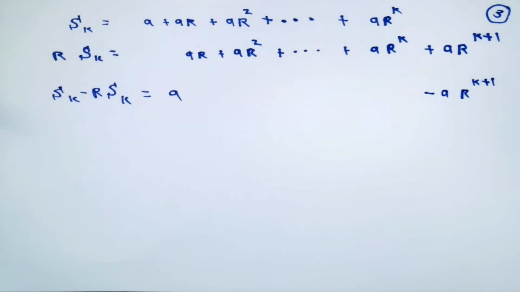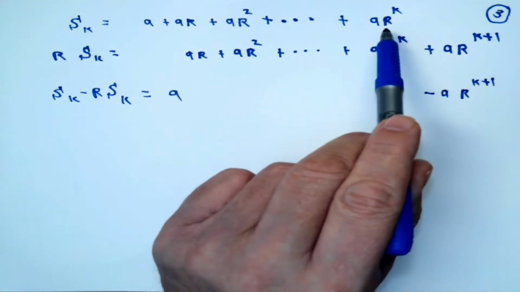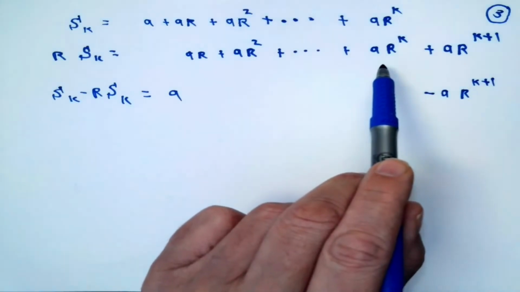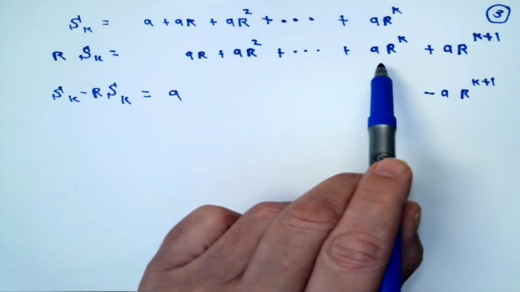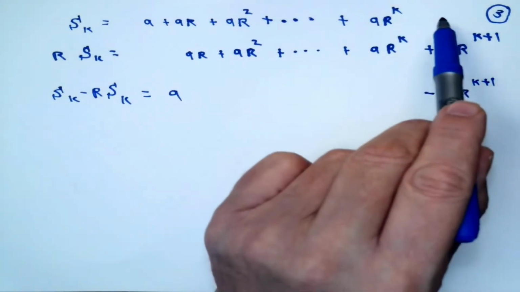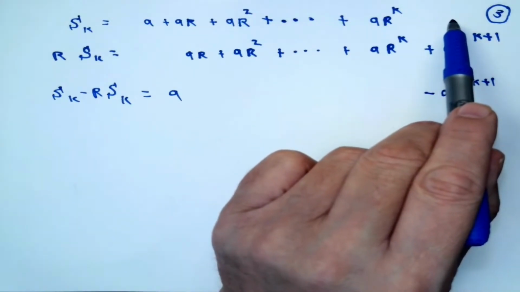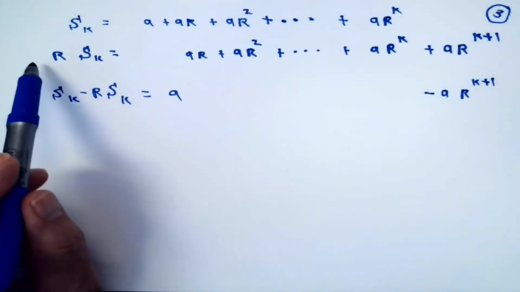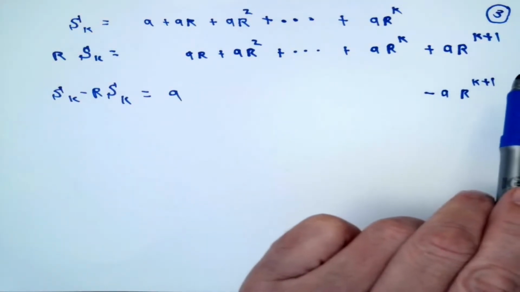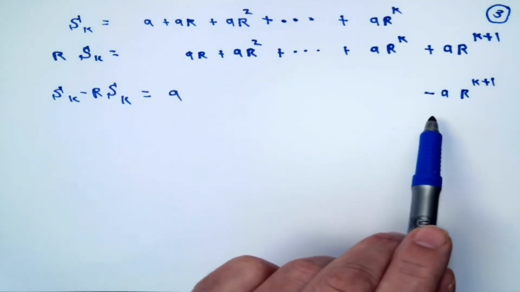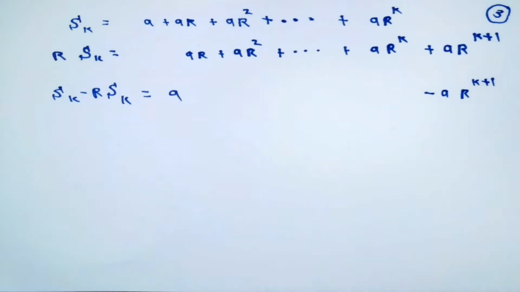And in fact, lots of things cancel out. The a times r to the k minus a times r to the k cancels out. And then there is no r to the k plus 1 term here. So when I subtract this second equation away, I still need to write down minus a times r raised to the k plus 1 power.